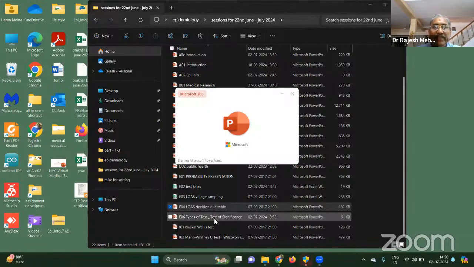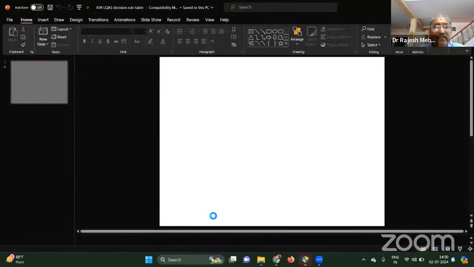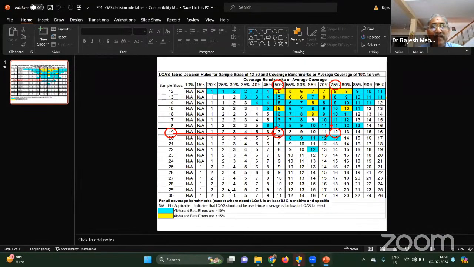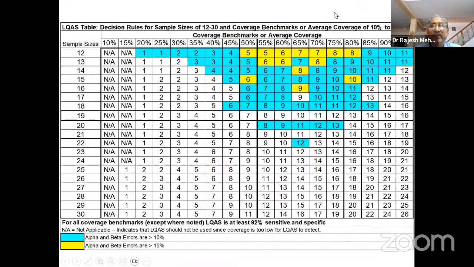This will be repeated next time because this is to be used frequently. Right now, people are not using it frequently, but you should try to use it frequently. These are the rules for sample size of 12 to 30 and coverage benchmarks or average coverage of 10% to 95%.